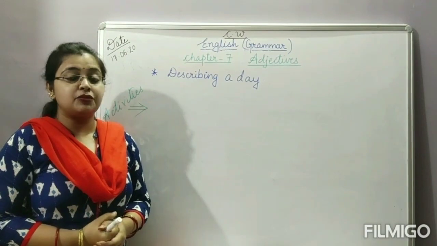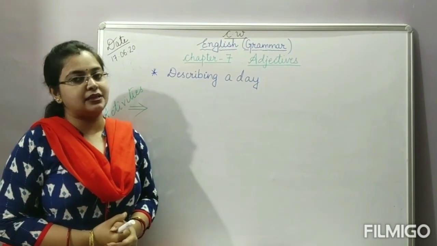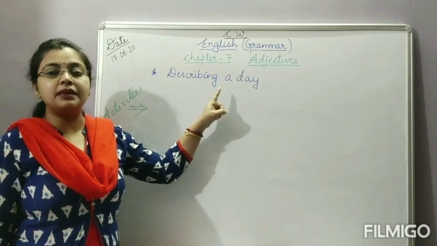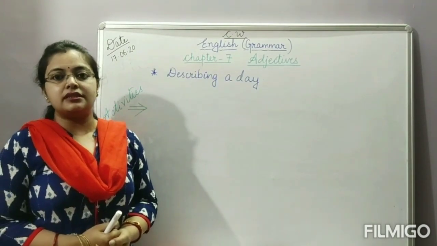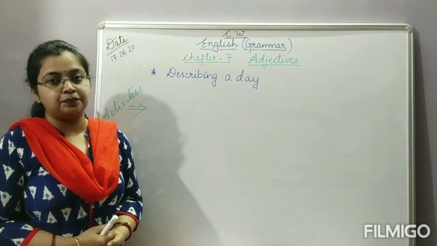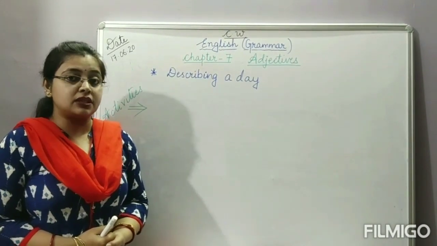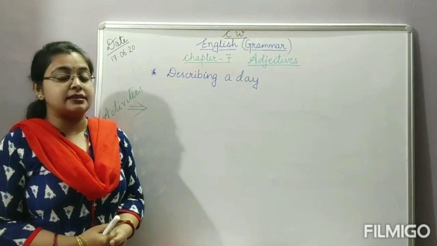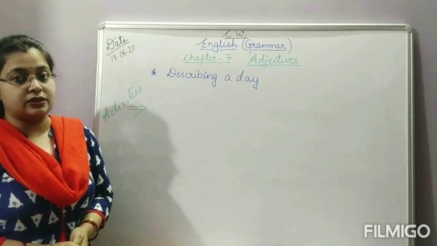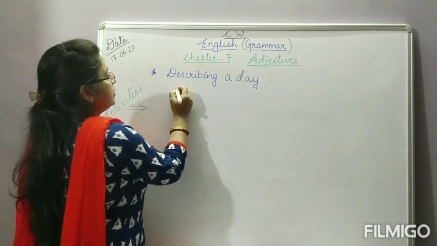Dear children, before starting, let's do some activities. Activity first, describing a day. Now students, just take a look outside and see how the weather is today. We can say like this: today the weather is bright, sunny, breezy, cloudless, hot, etc. So what are the words?